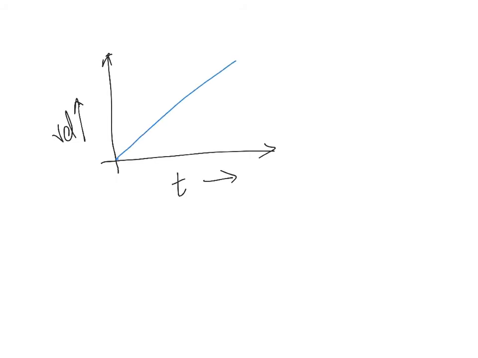For example, this is my time axis and this is my velocity axis, right? Now I may have a velocity like this. I'm increasing, not a uniform velocity, it's a non-uniform velocity.